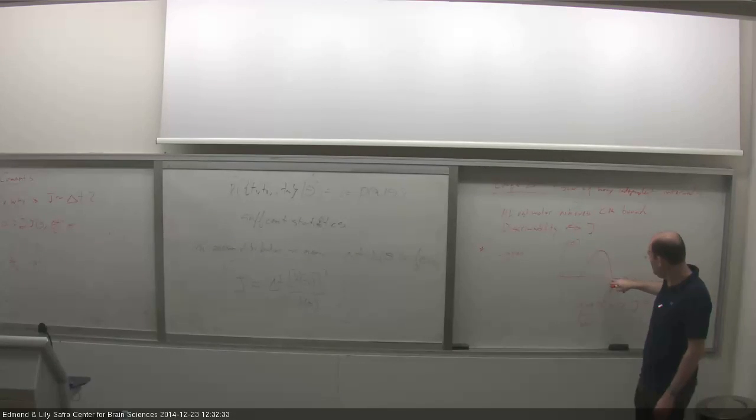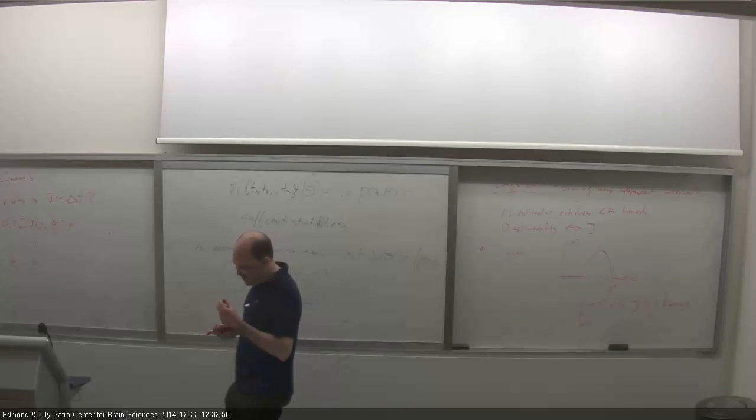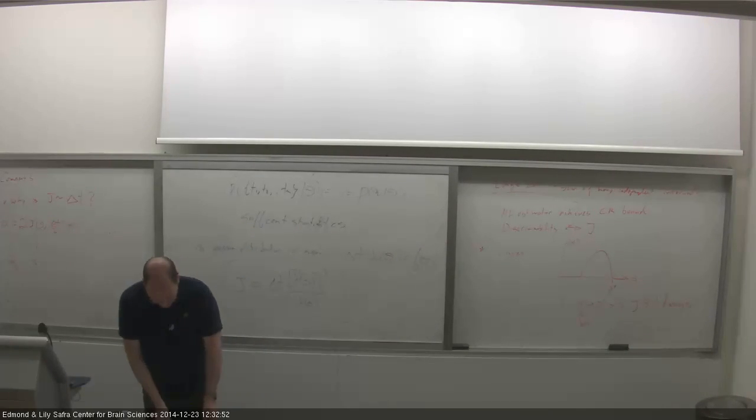And the reason is that the firing rate of the neuron here approaches zero. So the probability to observe a spike as theta approaches theta star goes to zero.